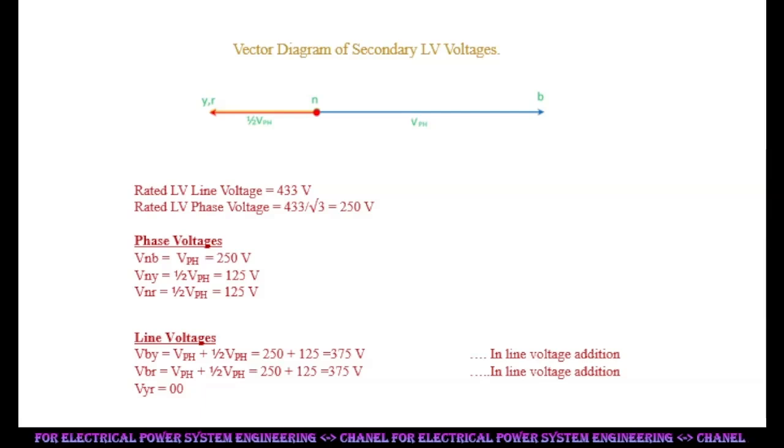VBY is equal to VPH plus half VPH is equal to 250 plus 125 equals 375 V, in line voltage addition. VBR is equal to VPH plus half VPH is equal to 250 plus 125 equals 375 V, in line voltage addition. VYR is equal to 0.